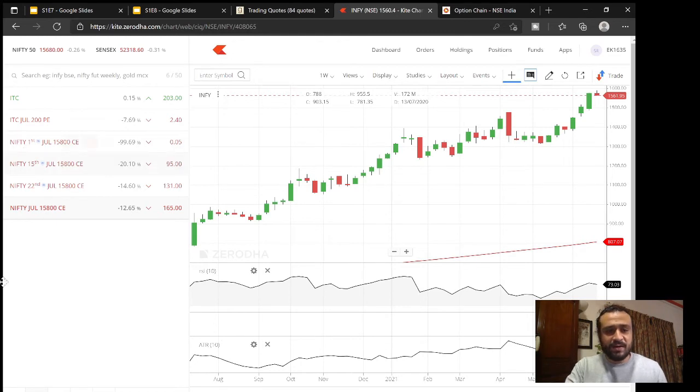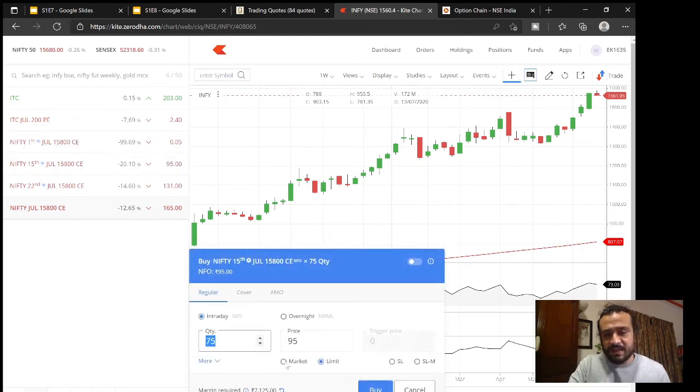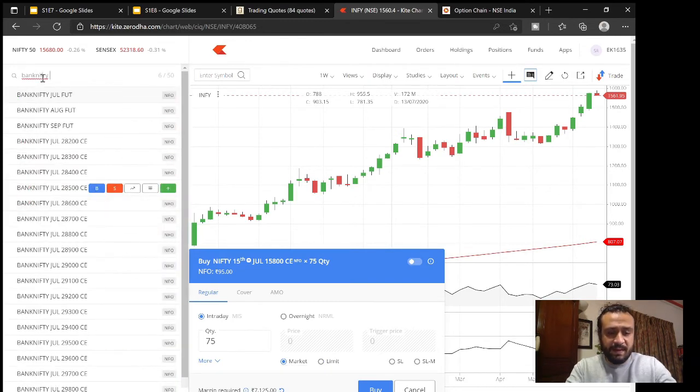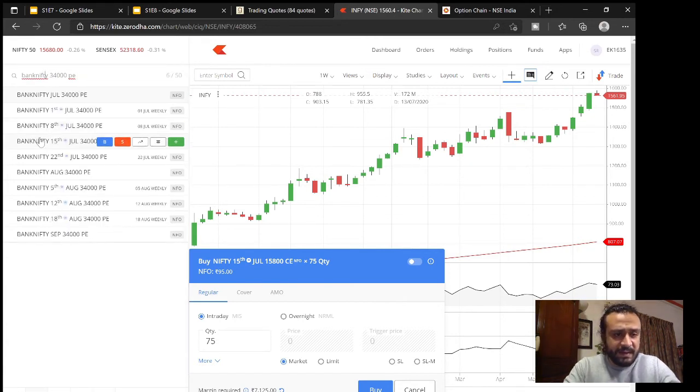So in this case, there is one thing I would like to show you guys. I showed you a limit order, right? But in Nifty cases, you can place market orders. Same with Bank Nifty. Say Bank Nifty, say 34,000 put option, and let's say, oh, I spelled it wrong, and I say 15 July.